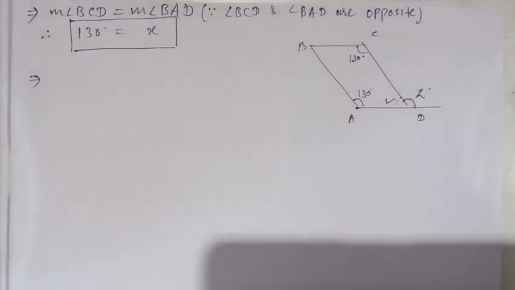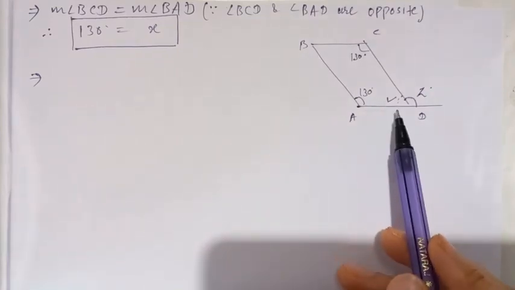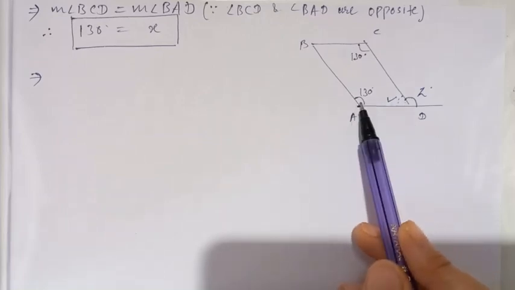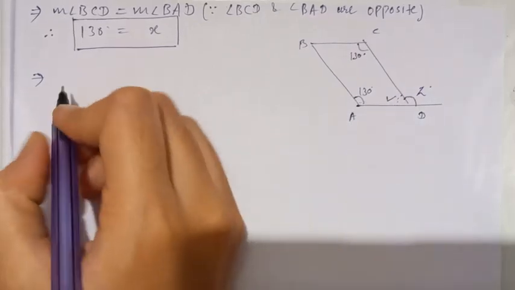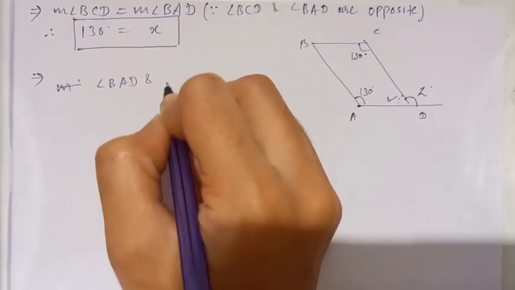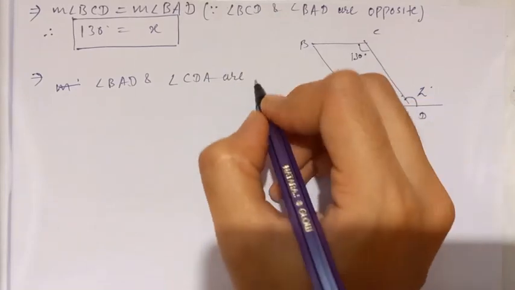For CDA, which property will you use? Either the adjacent angle or the opposite angle property. Yes, we will use adjacent angles. So this is 130 degree. Angle BAD and angle CDA are adjacent.